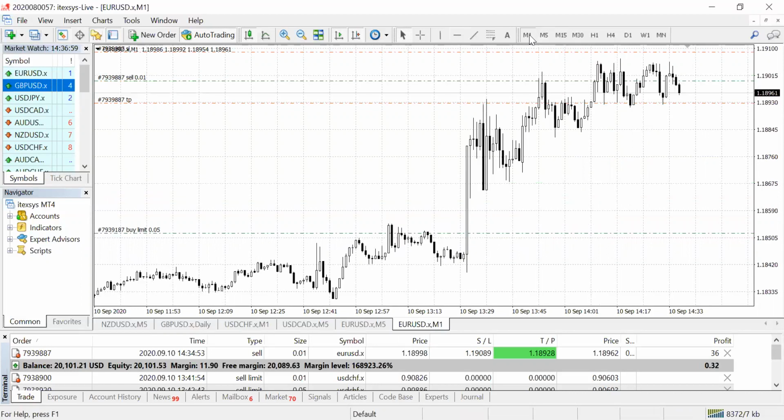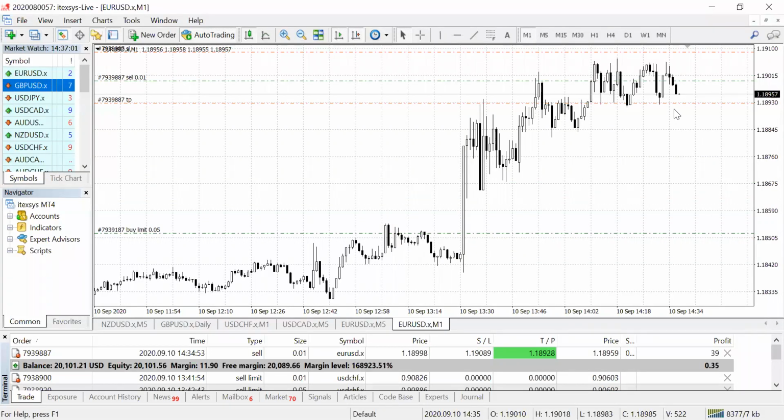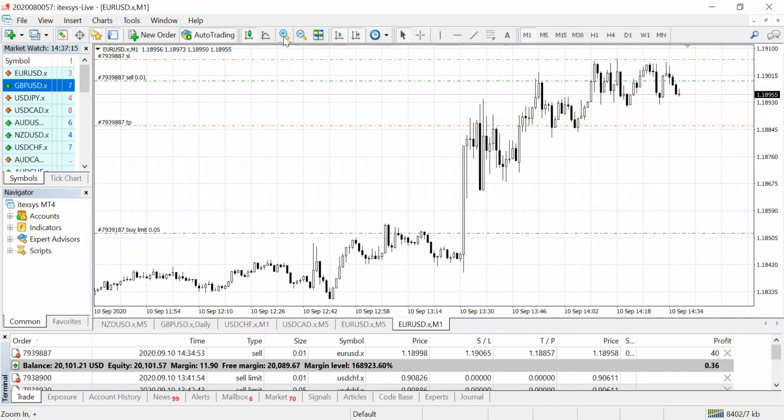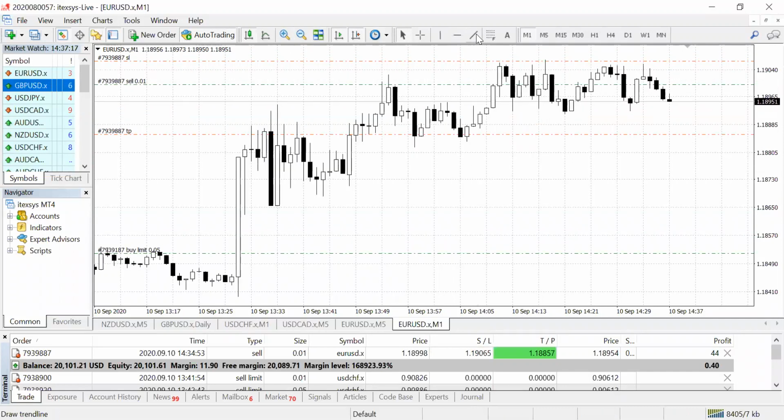Look at the 1-minute chart. Okay, this is greedy, correct? This should be my first target area, right there. So we're approaching that area, and the wise thing to do might be just taking the profits right now, correct?